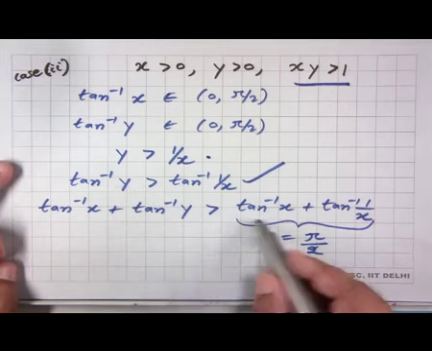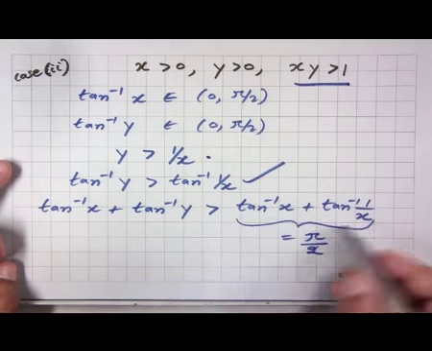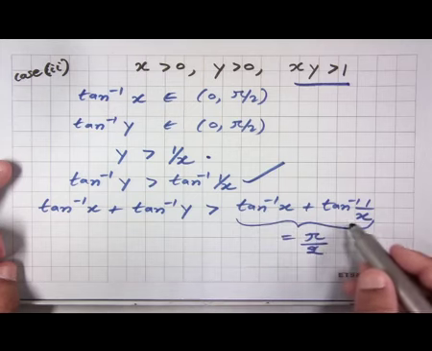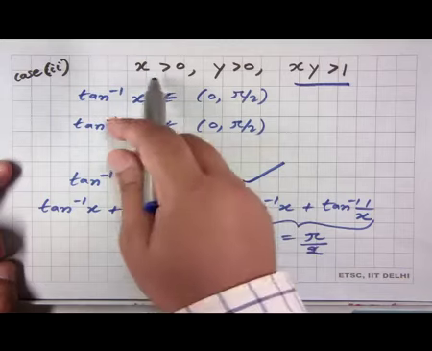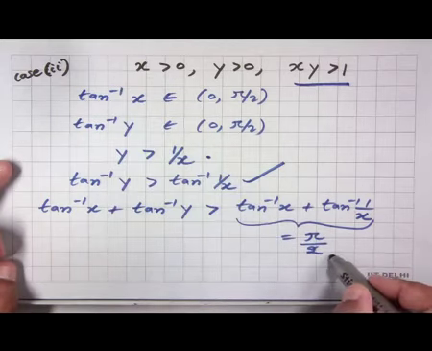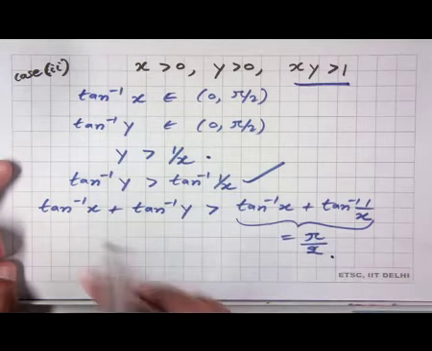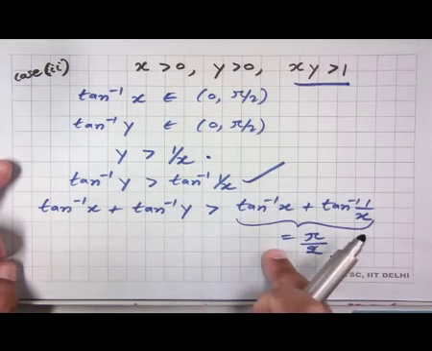On the right-hand side, we get tan inverse x plus tan inverse 1 over x, which we had shown, when x is positive, is equal to pi by 2. Therefore, for this scenario, tan inverse x plus tan inverse y is actually greater than pi by 2.